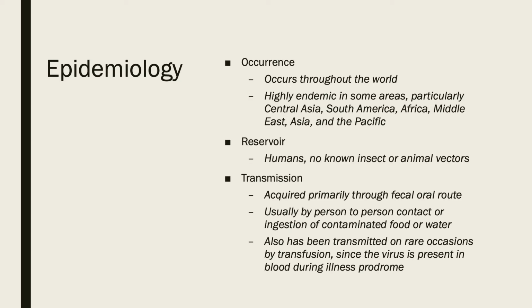So to get into the epidemiology, I'm going to break it into a few categories so it's easy to understand the main factors surrounding hepatitis A virus. Looking at occurrence, it occurs throughout the world. It's highly endemic in some areas, particularly Central Asia, South America, Africa, Middle East, Asia, and the Pacific.